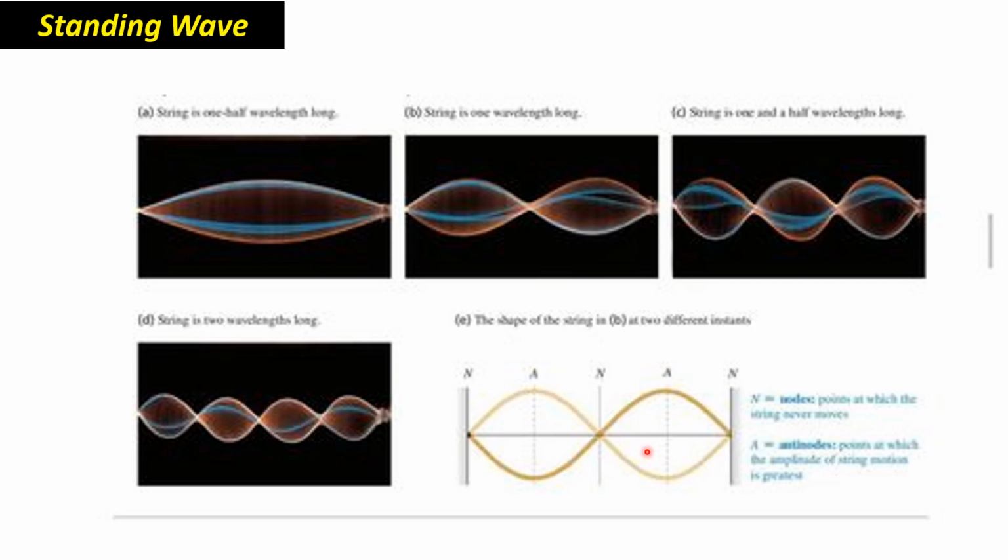Now, this is a snapshot of the wave pattern shown in letter B, wherein the string is taken at two different points in time. The bold curve shows the wave at a certain time, and then half of a period later is also the position of the rope.